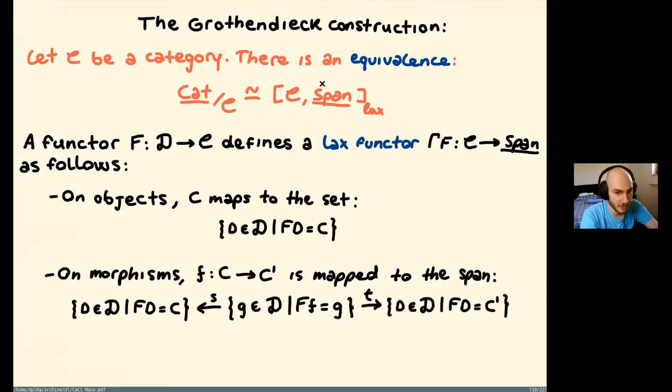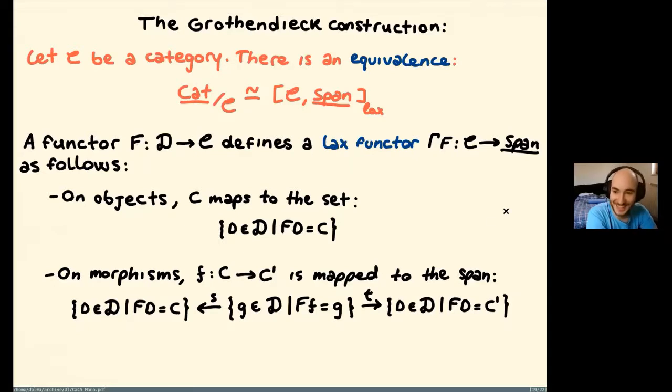And the morphisms of this category are just lax natural transformations. And if we have a functor from D to C, we can get a lax functor from C to span, which we call gamma F, in this way, which I'm not going to read.